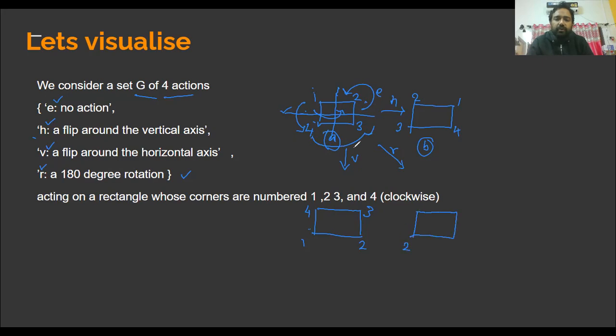Now all you have to do is to follow the sequence in the clockwise order. So after 2 clockwise comes 3. After 3 clockwise comes 4. After 4 clockwise comes 1. So we get this configuration. So vertical flip gives us this configuration. We name it C. And a 180-degree rotation gives us this configuration. We name it D.